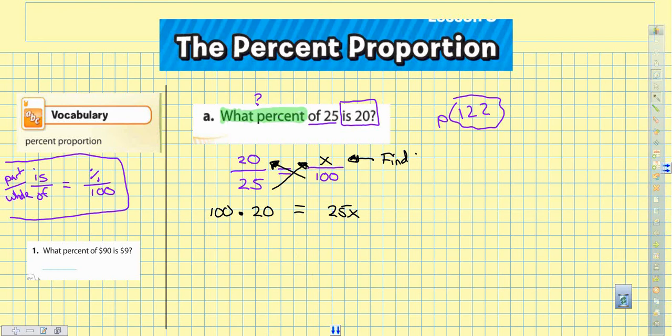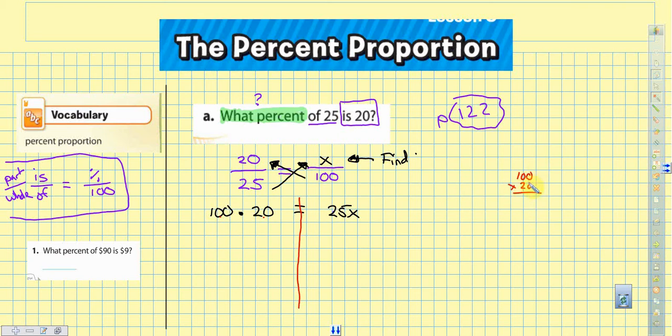We're going to draw our imaginary line where our equal sign is. That way we can keep things organized and make sure that we're doing the same thing to both sides. We're going to simplify this side first. If I have 100 times 20, you can work that out on your scratch paper if you want to.